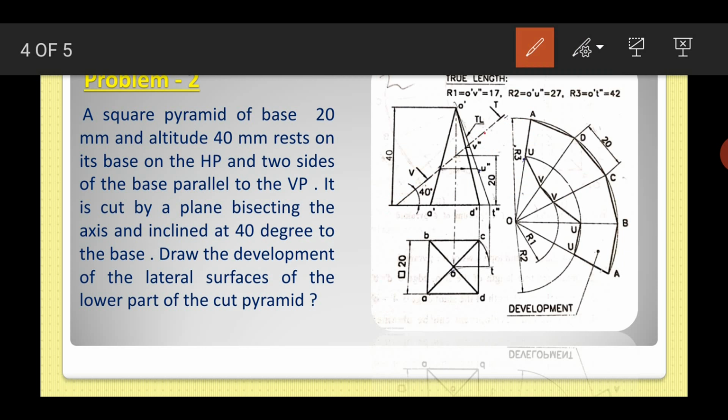This cutting plane is passing through certain points. The first point we will mark as V double dash, the second point we will name U double dash, and the third point, which we already set, is T double dash.